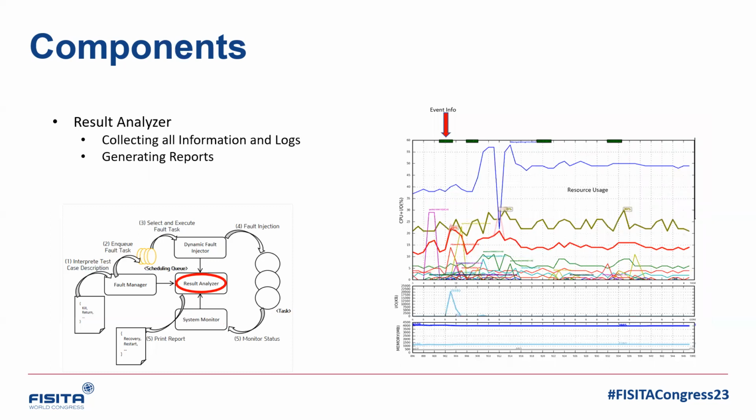Finally, the result analyzer contrasts the expected result as described in the test case specification with the state after fault injection to determine if the corresponding test case passes or fails. It aggregates output from each component to create a final report.